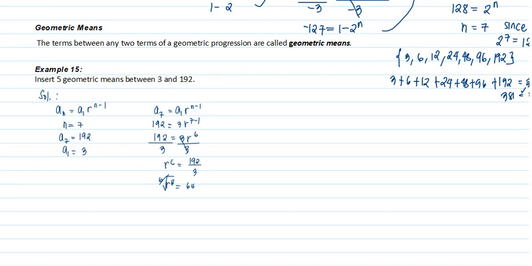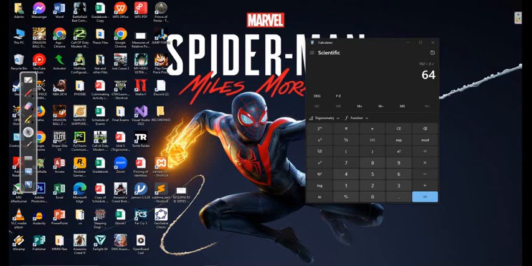our r, which is going to be 64. So if you get the sixth root of 64, can we do that in here? So let's try to see the sixth root.